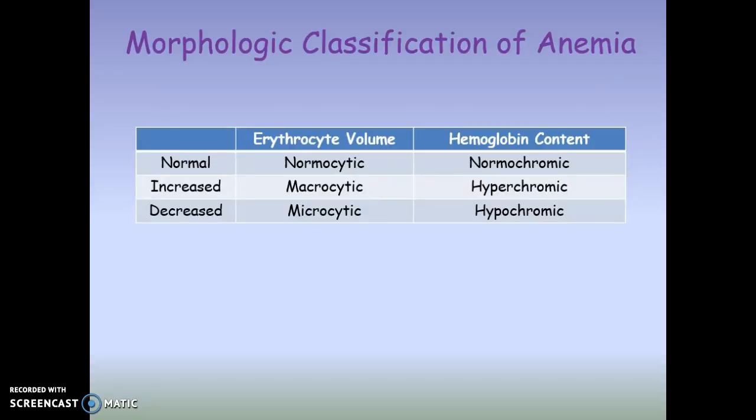All right, now you have the morphologic classification of anemia. And here you have a couple of different things. You have cytic, which is going to refer to size, and then you have chromic, which is going to refer to the hemoglobin content. So there are several ways to classify anemia based on the physical traits of red blood cells.